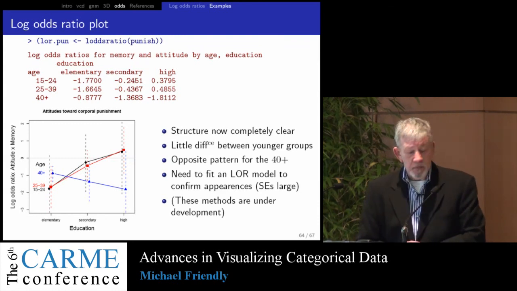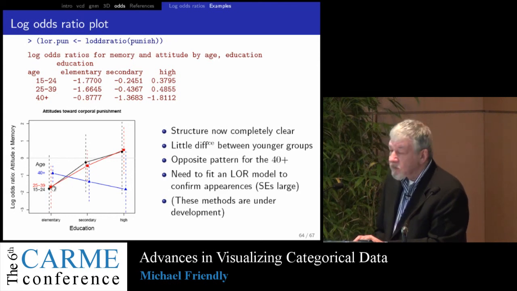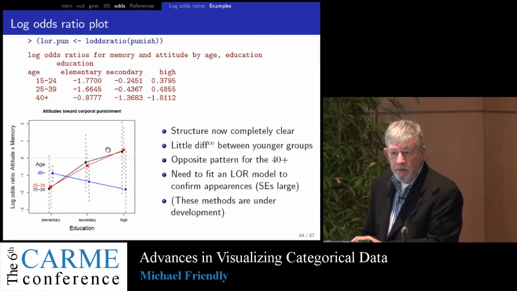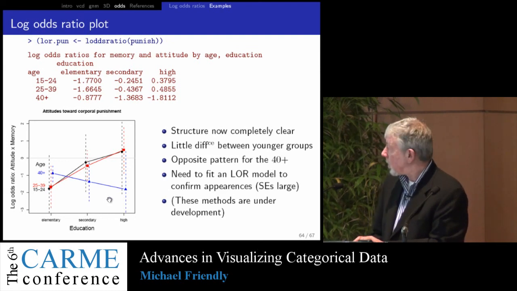And now the pattern is really clear. We see that in the two young groups, as education increases, there is a stronger and stronger association between attitude about corporal punishment and their memory of whether they were punished as a child. Whereas in the 40-year-old group, the pattern of association is the reverse.